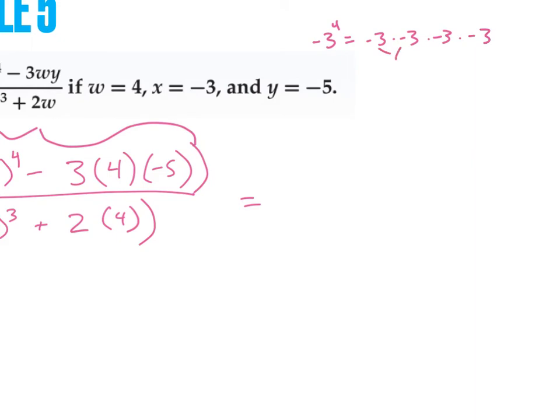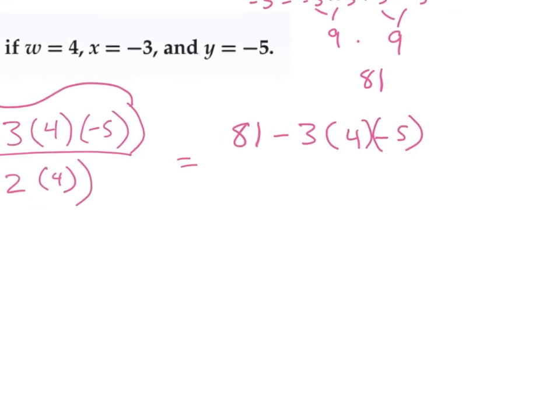Negative 3 times negative 3 is 9. Negative 3 times negative 3 is 9. So now we just have 9 times 9, which is 81. So negative 3 to the 4th power is 81. So we have 81 minus 3 times 4 times negative 5 on top.